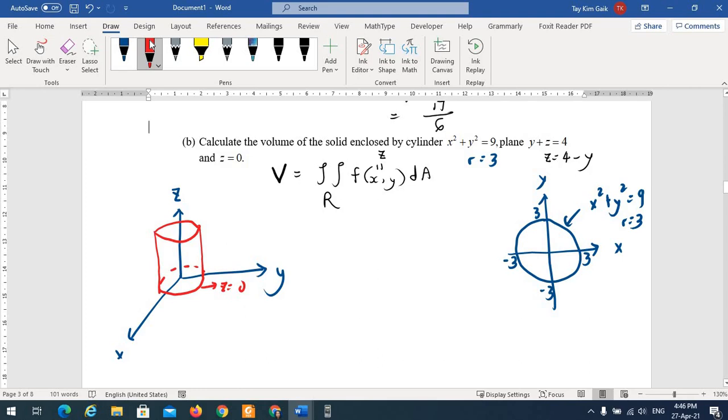The cylinder can actually open up to positive infinity, and let's say here this one is 4.